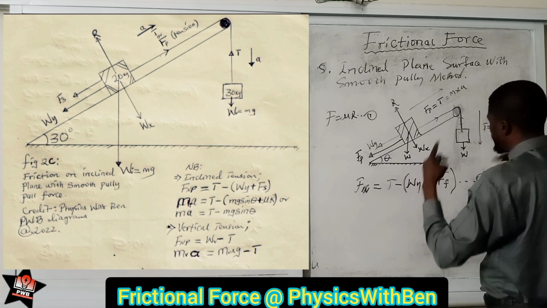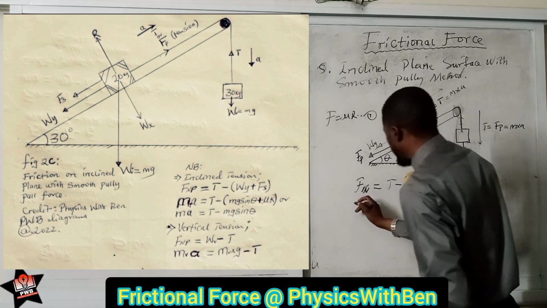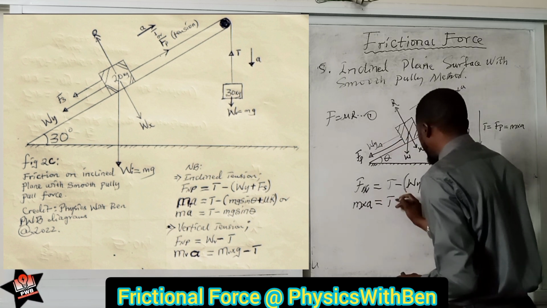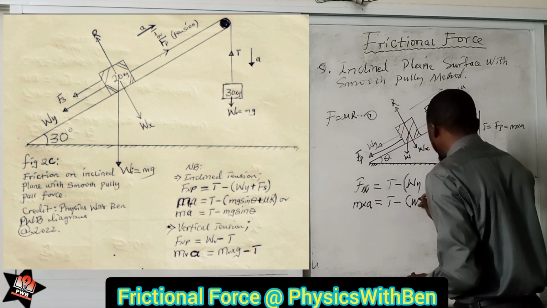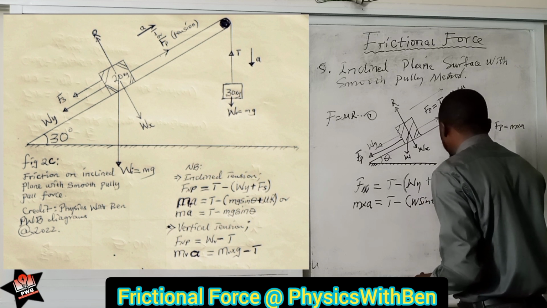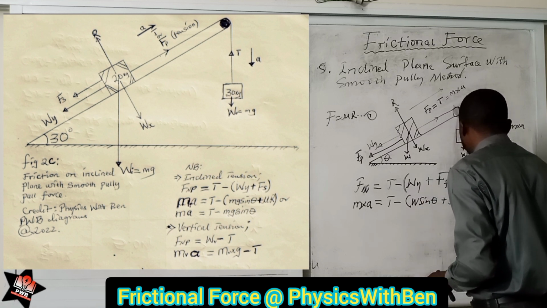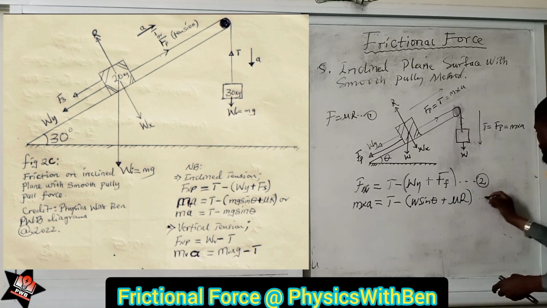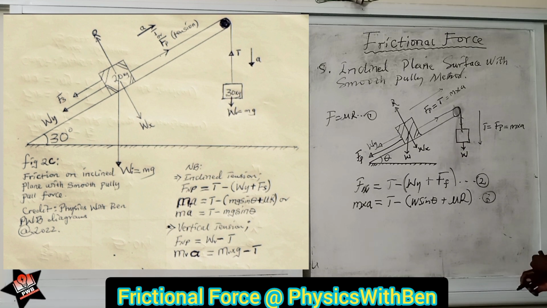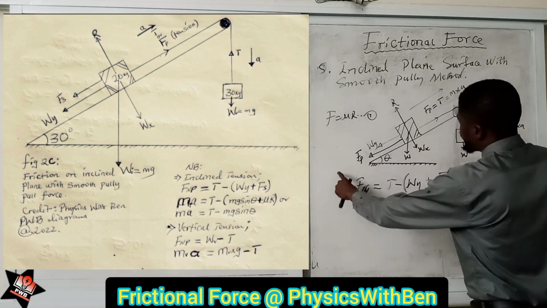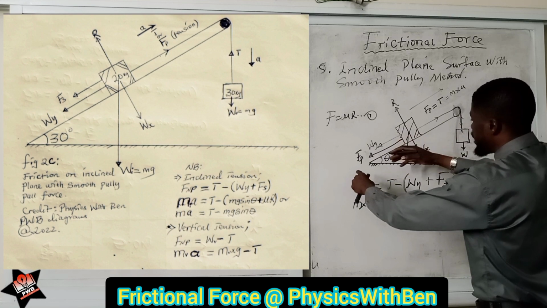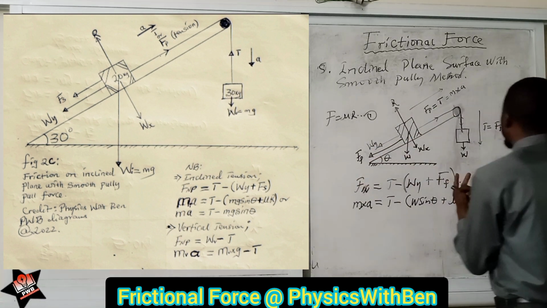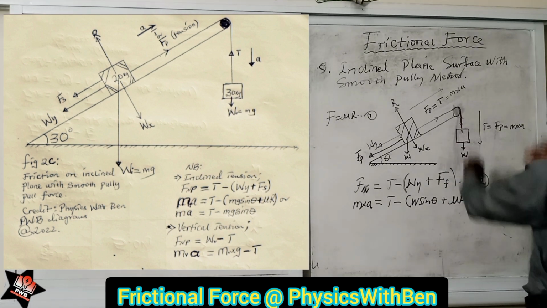So if we substitute correctly, we have here our mass times acceleration is equal to the tension here minus bracket W sine theta plus mu R. We call this equation number 3. Now we are done with the inclined net force at this angle. Now let's look at the downward force.